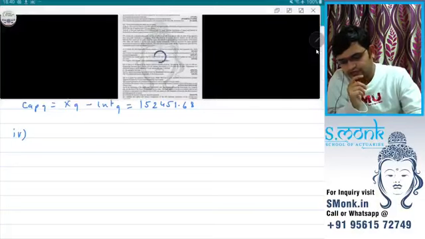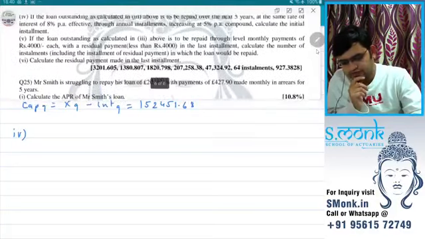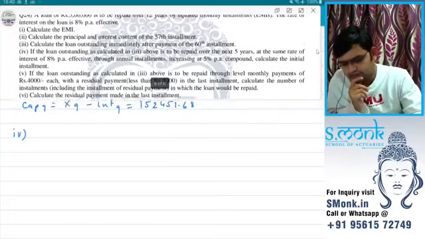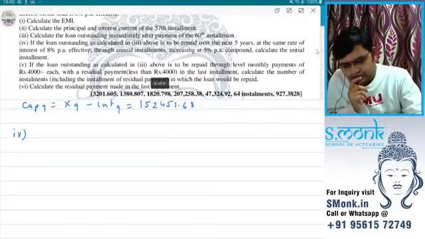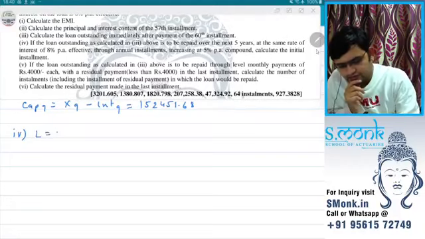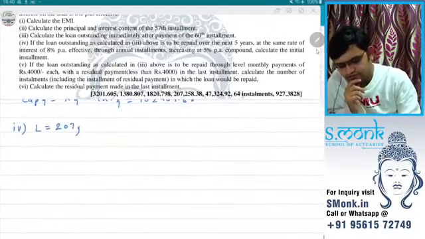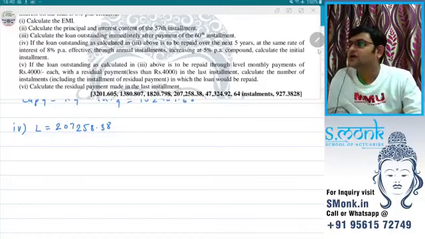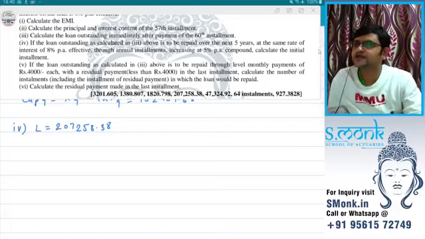So we'll take loan outstanding from the third part. Loan outstanding from the third part seems to be 207258.38. This seems to be the loan outstanding. We have to repay that by now annual increasing installments. 5-year increasing, 5% per annum compound, and we have annual, right? Yeah, annual installments.